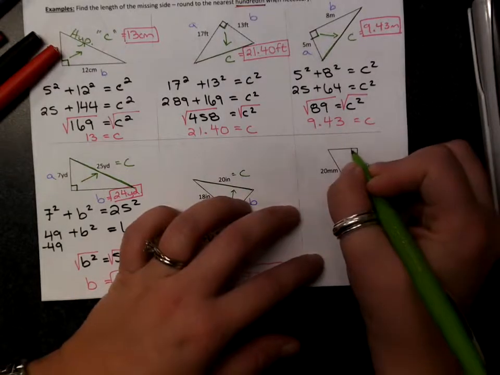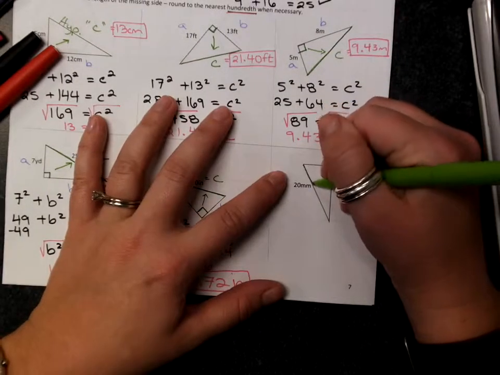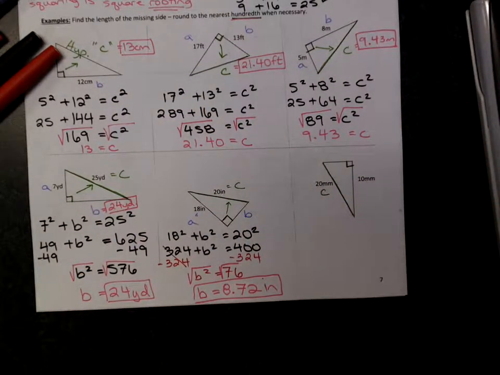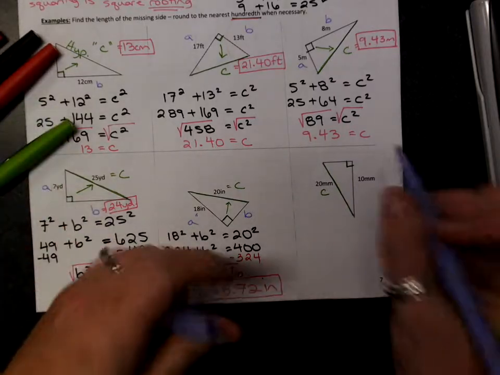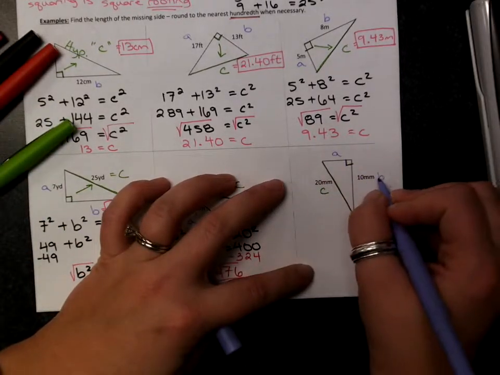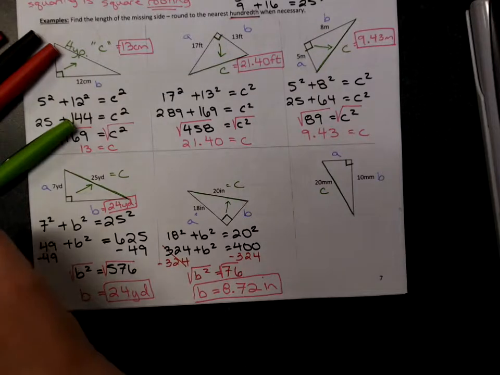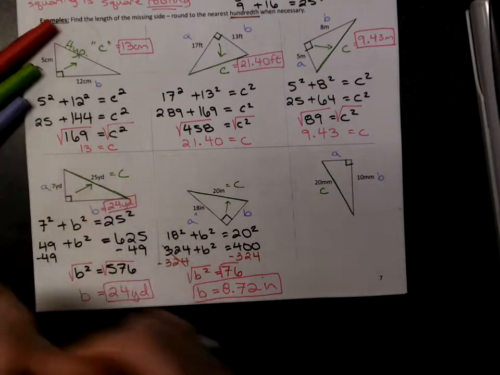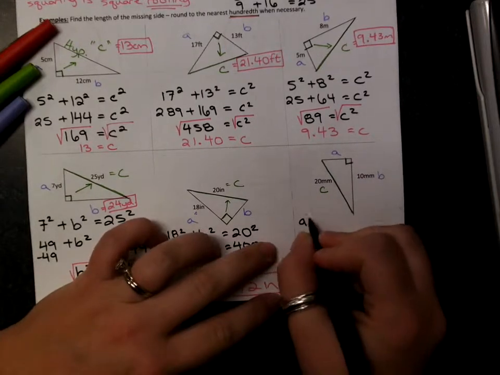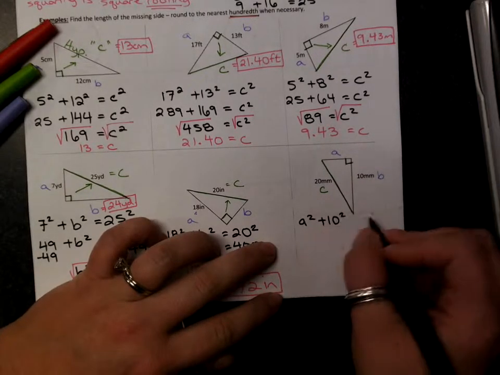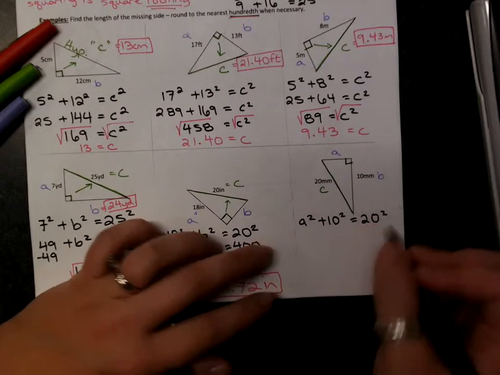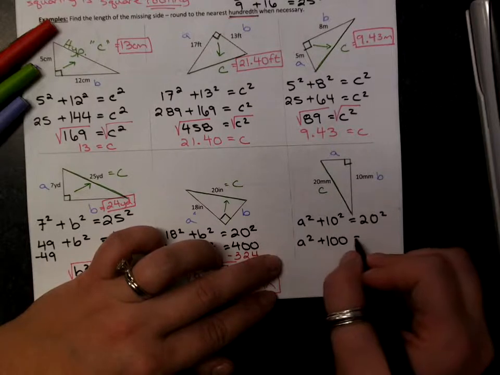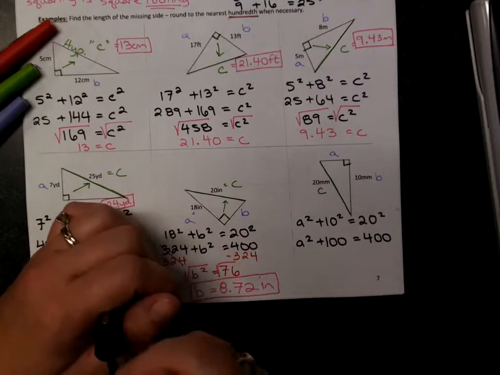Here is your right angle and your hypotenuse. This is side C. So we're missing one of the legs, A and B. Again, it doesn't matter which way you label it. And we set up the same formula. This time I'm missing side A. A squared plus 10 squared equals 20 squared. 10 squared is 100. 20 squared is 400.